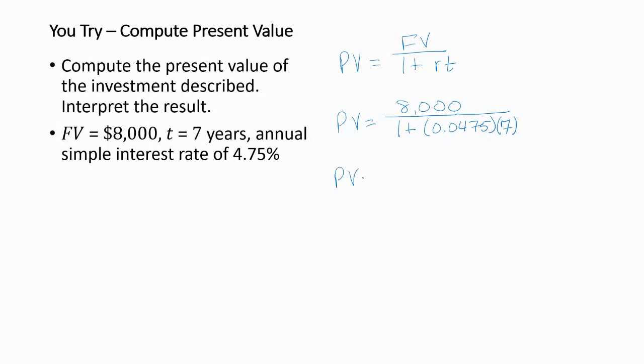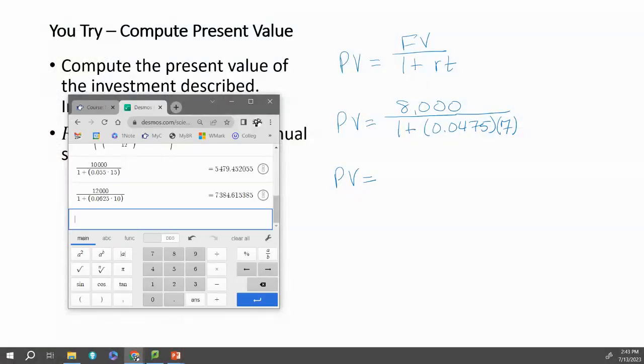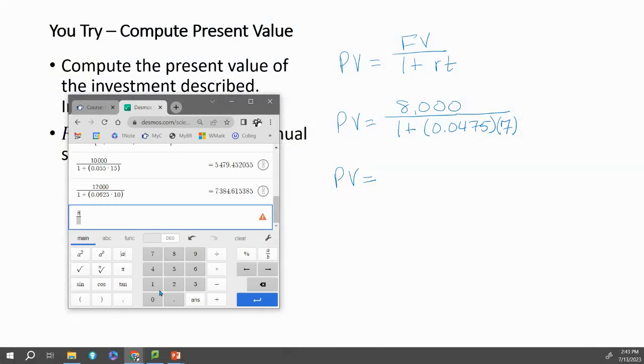So present value is, and we're going to do our Desmos Scientific again one last time today. And we have our fraction. We're dealing with $8,000. 1 plus our rate, 0.0475, times our time of 7 years.